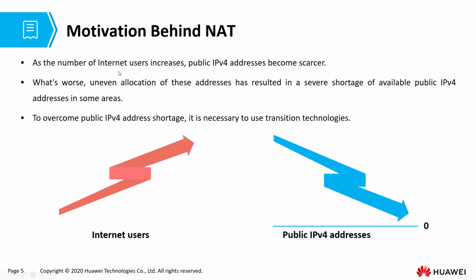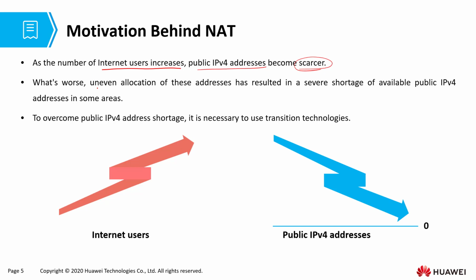We know that the number of internet users increases exponentially on a daily basis, in fact hourly basis, if not second basis. The public IPv4 addresses, which are the addresses we use over the internet, become scarcer every day.